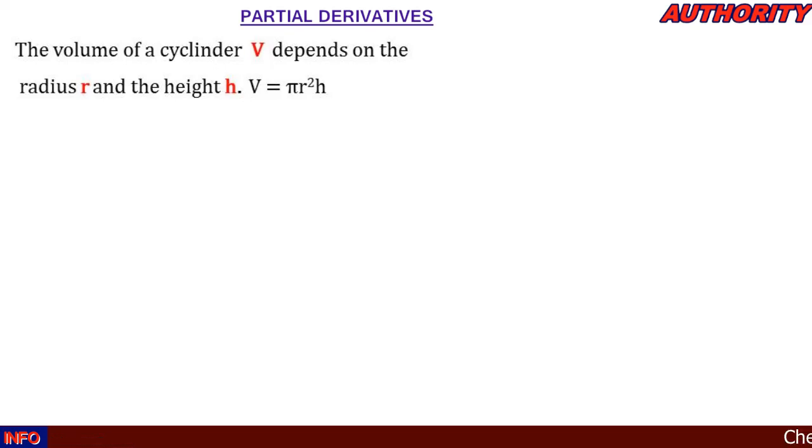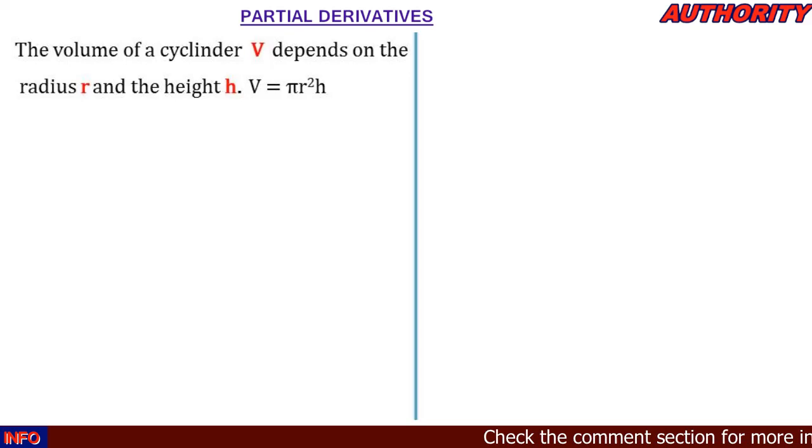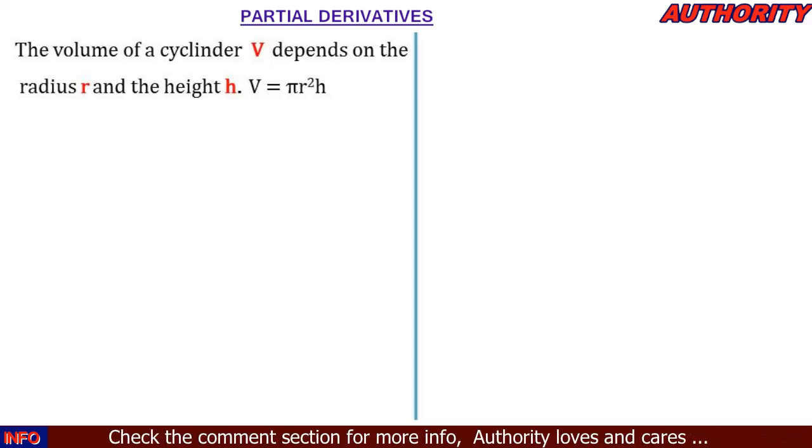So when we are talking about partial derivatives or partial differentiation, we are talking about what happens when there is a change in radius and the height remains the same. What happens? You discover that there will be a change in volume. We call it a partial increment in the volume because there is a partial increment in radius and the height is kept constant.